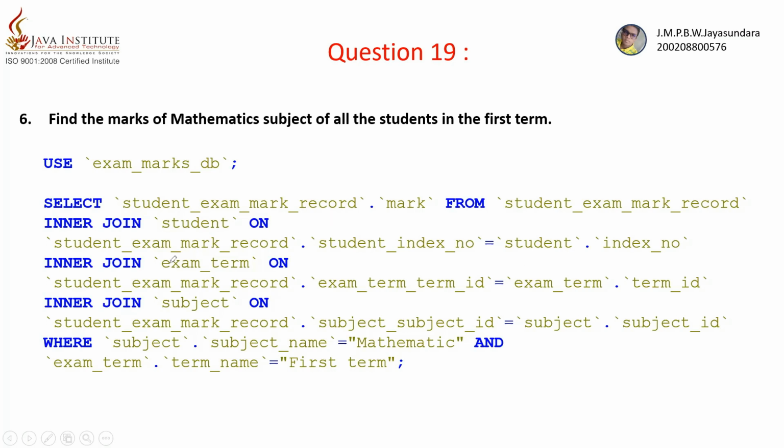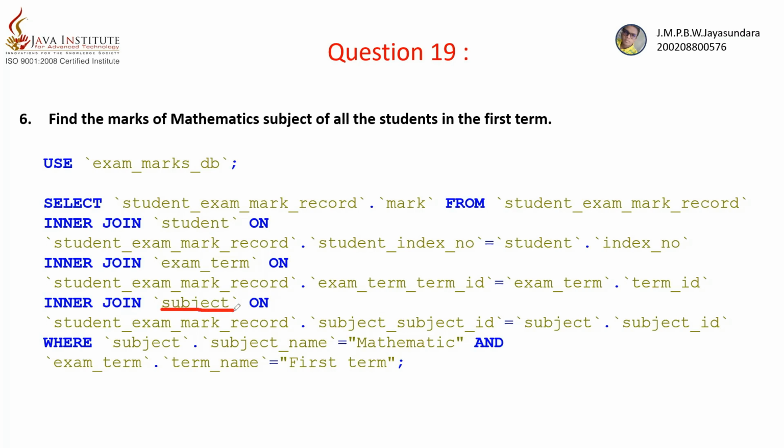After that, we have joined exam term table with the student exam mark record table using student exam mark record table's exam term ID and exam term table's term ID.